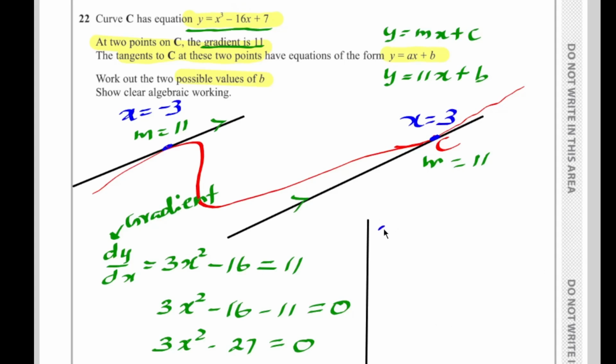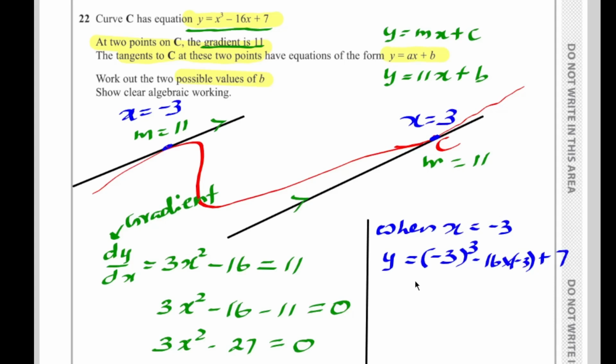So when x equals minus 3, let's get what y is. So y equals minus 3 cubed minus 16 into minus 3 plus 7.